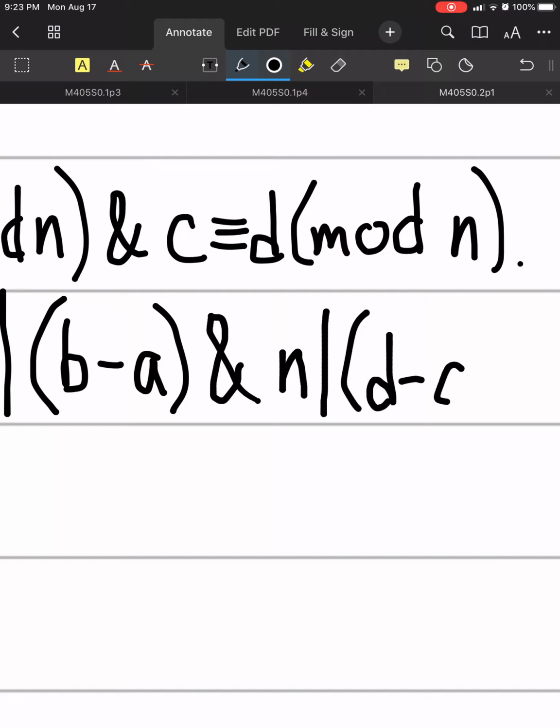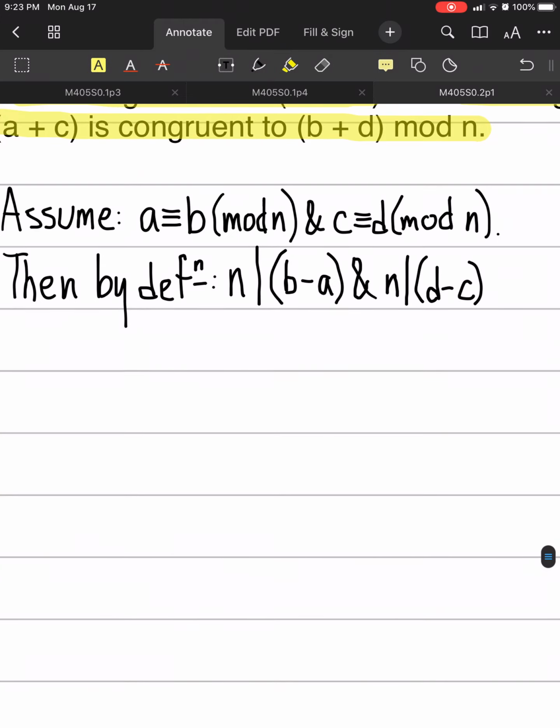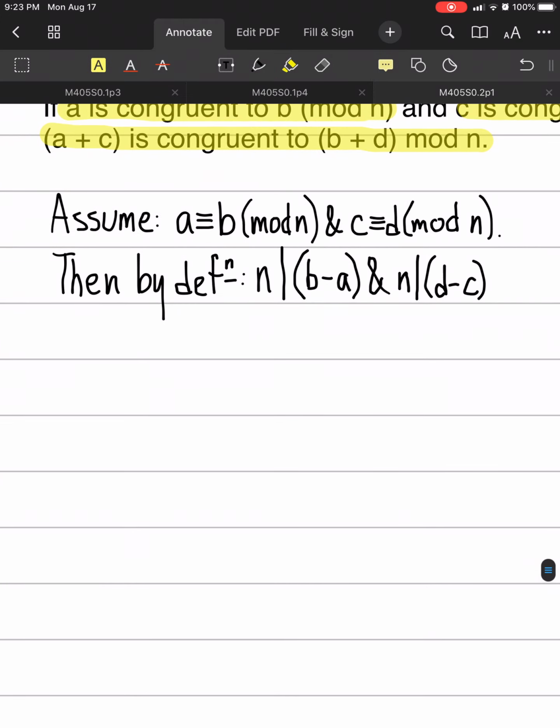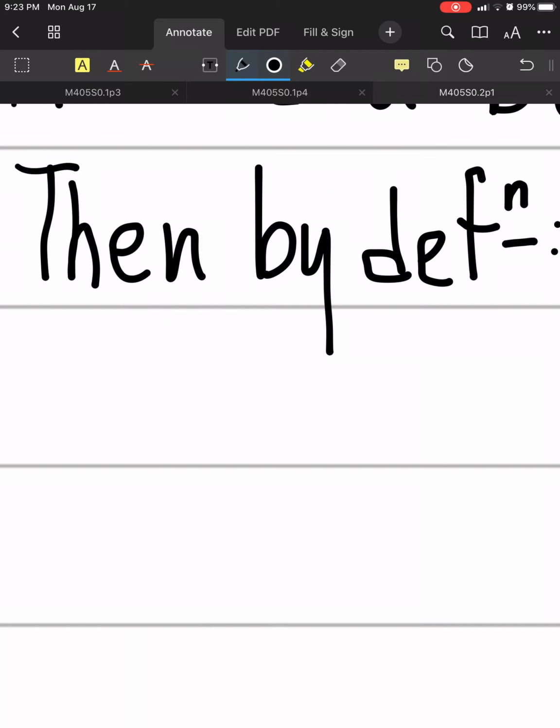Like I said, it doesn't really matter because you can actually prove that the definition is equivalent to n dividing the reverse order. So we get that by definition. Now, unfortunately, that's still a little bit hard for us to use. We can go a step further and use the definition of divisibility. So let's go ahead and do that.